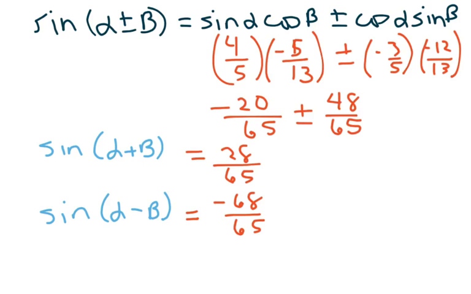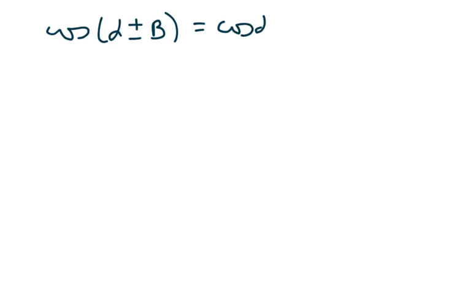And we're going to want to do the same thing for cosine. This one's sine. Now for cosine, the formula is cosine of alpha plus or minus beta equals cosine of alpha cosine of beta, minus plus sine of alpha sine of beta, and plug everything in.